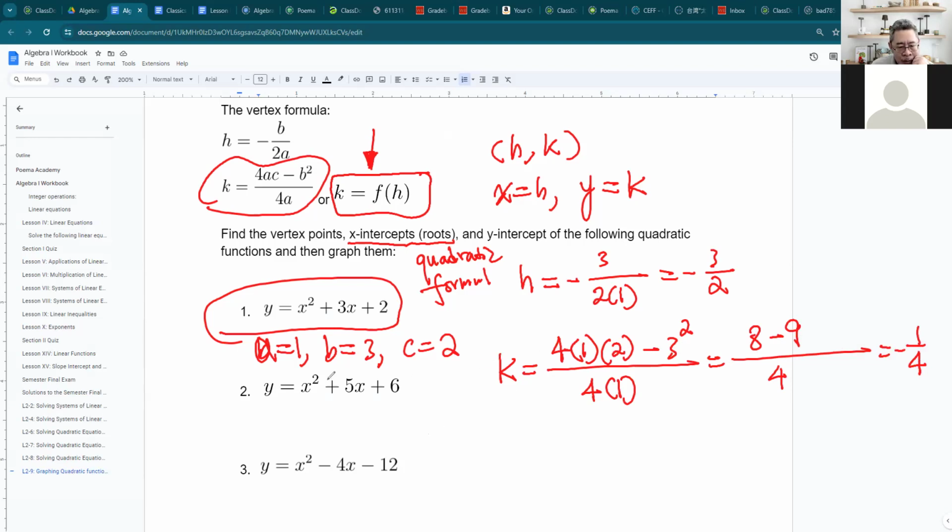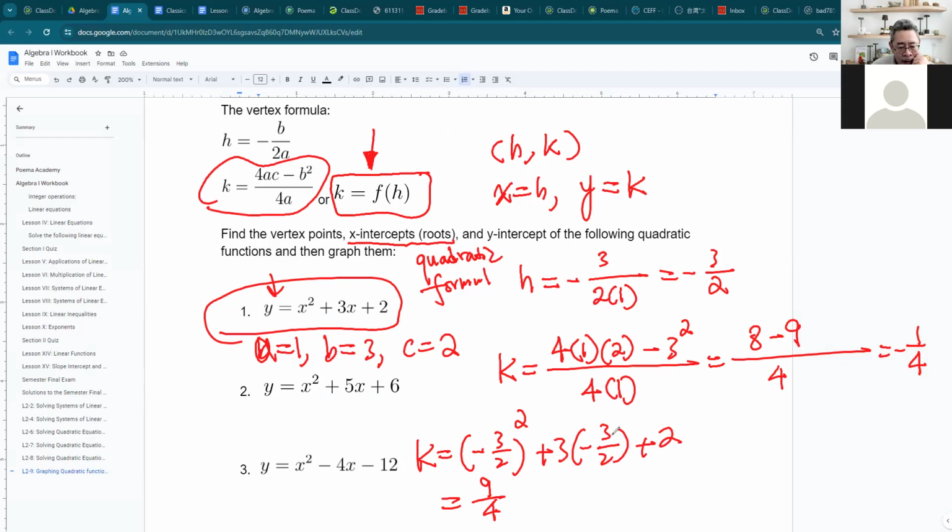And if you want to plug into the function, then we got negative 3 over 2, x squared plus 3, negative 3 over 2, plus 2. Oh, sorry, x squared. Yeah, that's 3 over 2.